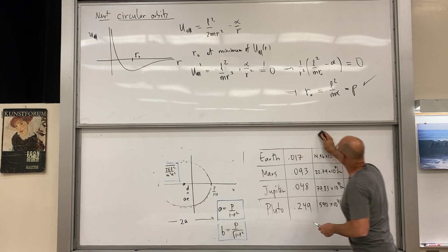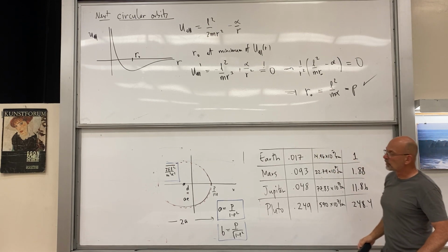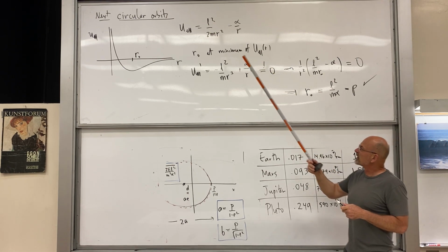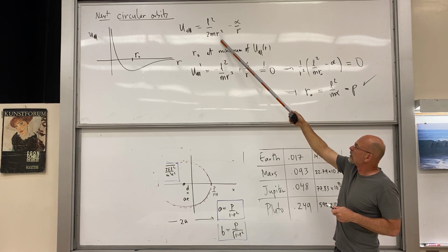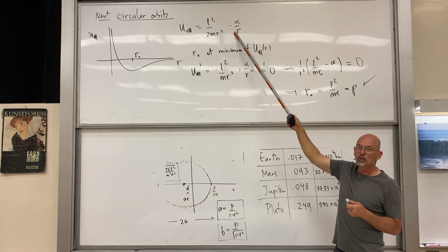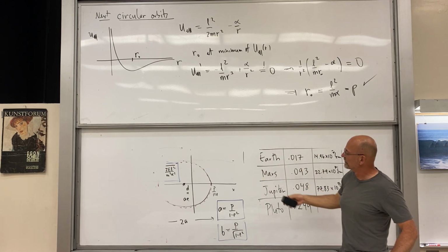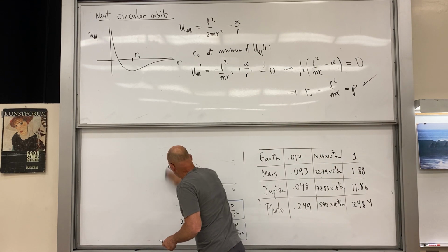So we'll do the circular orbit in the more general case where the effective potential is L squared over 2mr squared plus U of r. Let's try that.